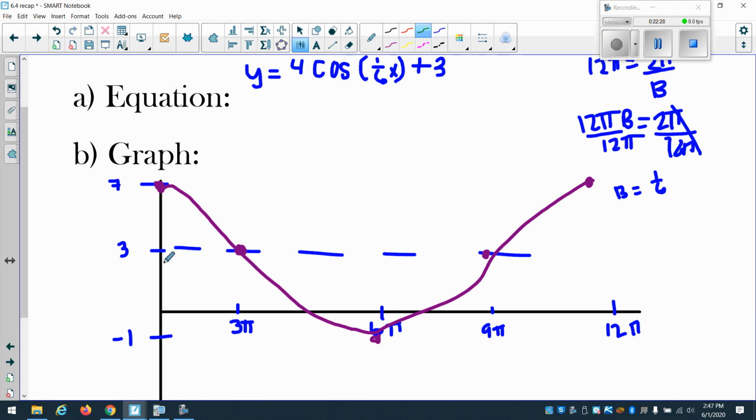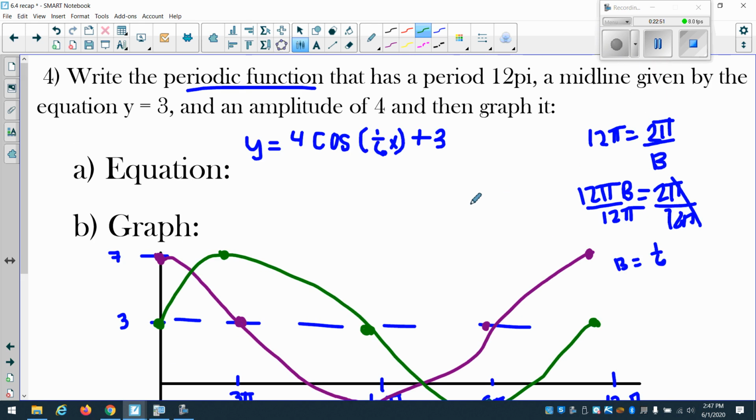And when you graph this function, you're starting at the midline, up to the maximum, back to the midline, minimum, back to the midline, and then connect. So they gave you the option of saying periodic function to do sine or cosine.